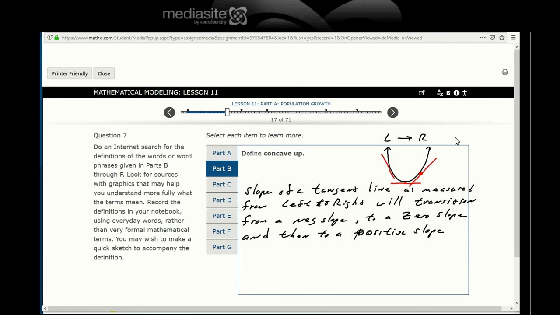So here we have a negative slope, here we have a positive slope, and here we have a zero slope.